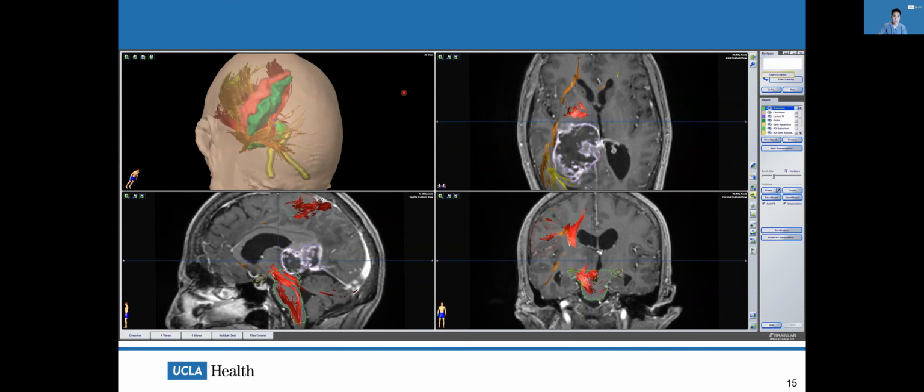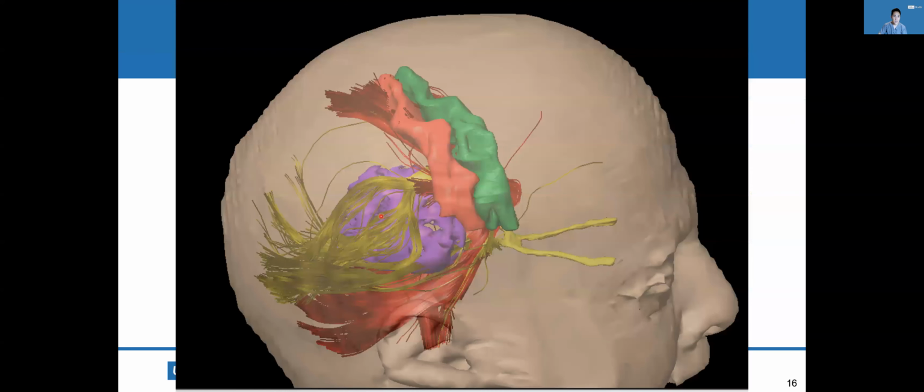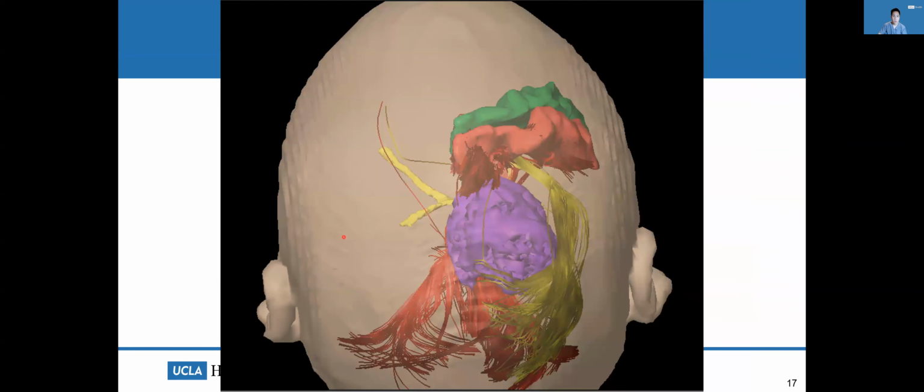So we did advanced mapping for this, and you can see that indeed, if we went through the side to the tumor, even though it's the shortest corridor, we would create the most damage to these visual fibers. But if you come from above and behind, then we can avoid all that and potentially remove the tumor with very little damage that way.